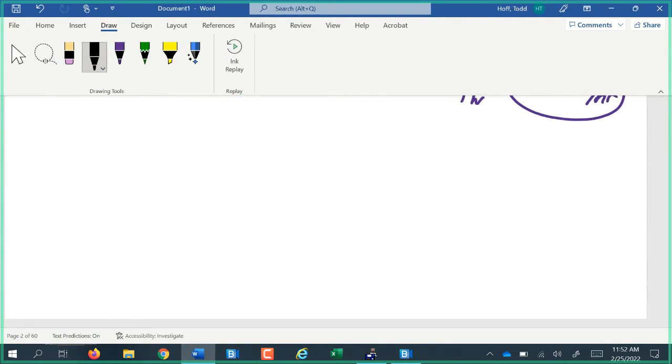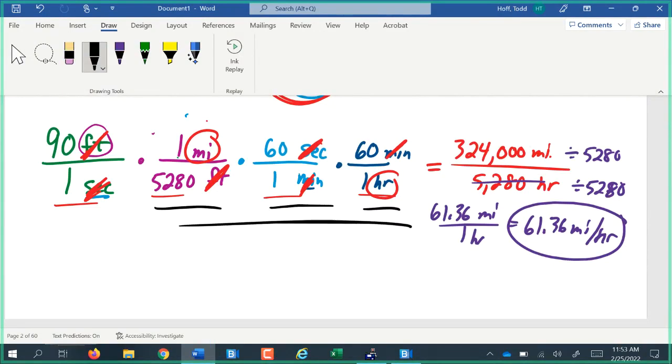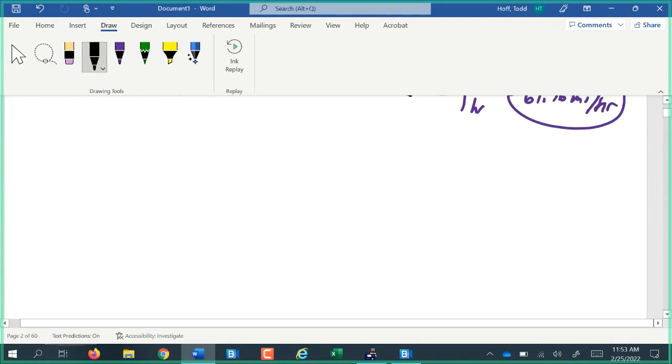So anyway, the key here was we had 2 sets of units that we used. We were able to convert both of them in the same conversion by simply using a string of those unity fractions, those conversion factors. We can see that in a lot of our medical practices.